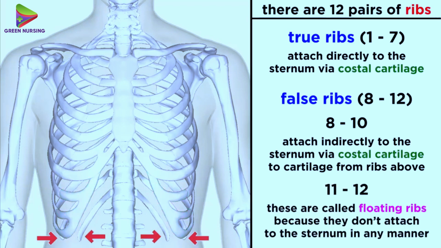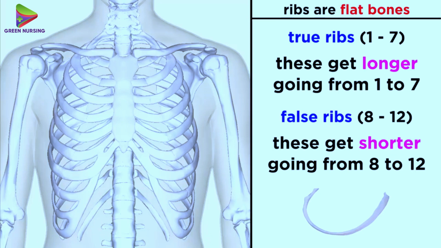And then the last 2 are called floating ribs because they don't attach to the sternum at all. Ribs are flat bones that get longer going from pair 1 to pair 7, and then shorter again from 8 to 12.